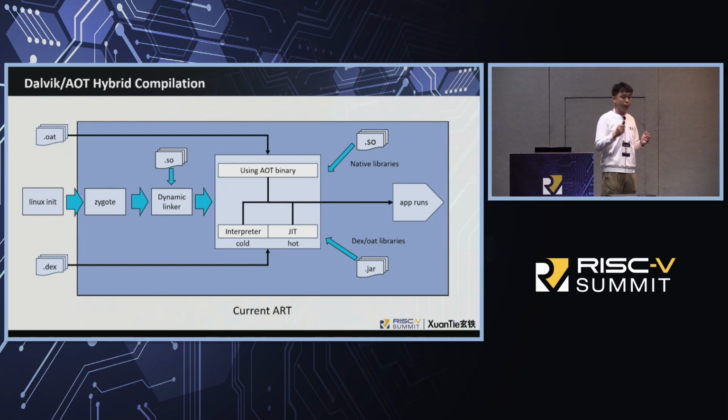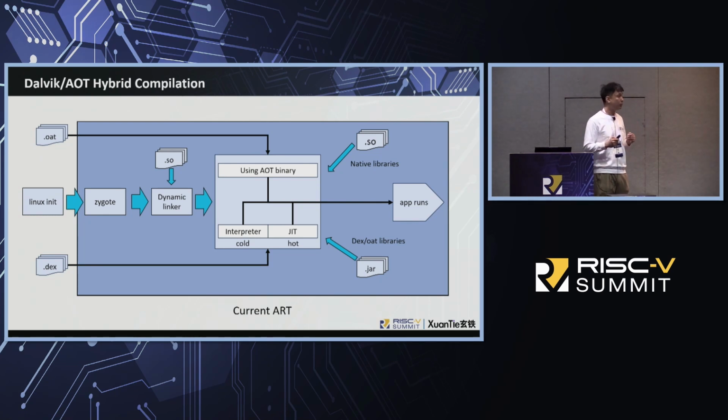When Linux brings up, just like the traditional Linux init, it would call the first Android init process application, which is called Zygote. Zygote depends on a lot of libraries to support it running. So Zygote is the entry of the Android world.